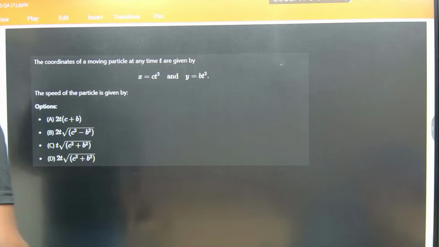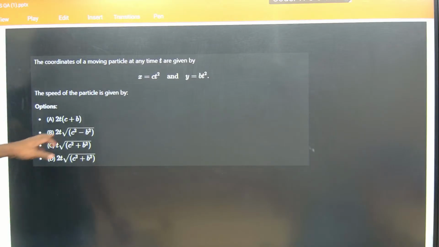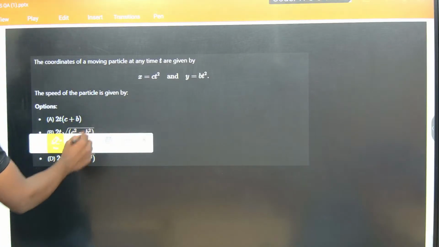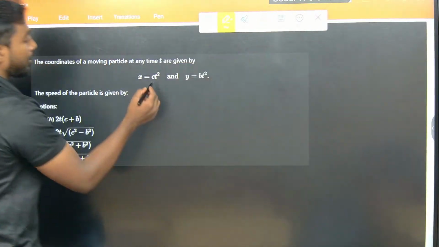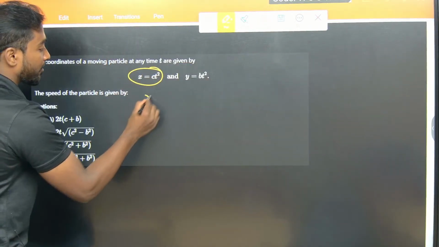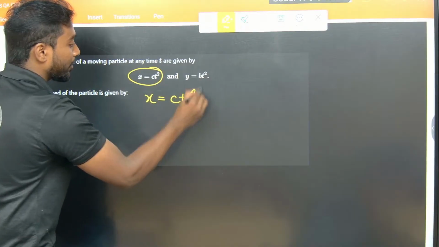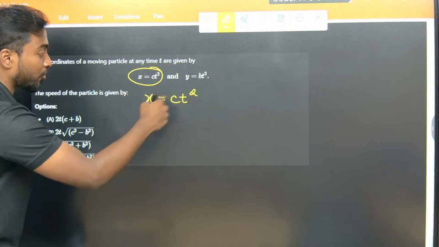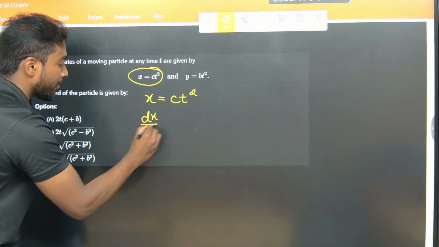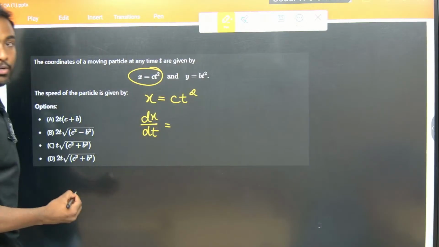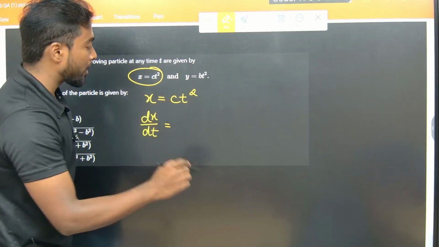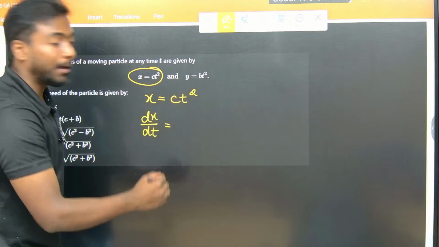So what should I do here? First thing, I need to differentiate the first one, dx by dt. So x is given as ct square. If I differentiate x with respect to t, that is dx by dt should be equal to, c is constant, I should keep as it is. So t square will become 2t.